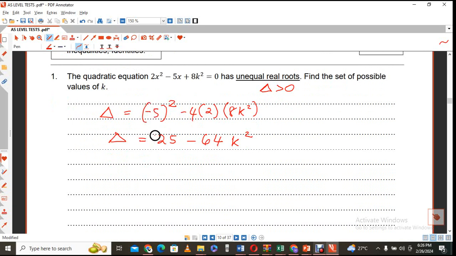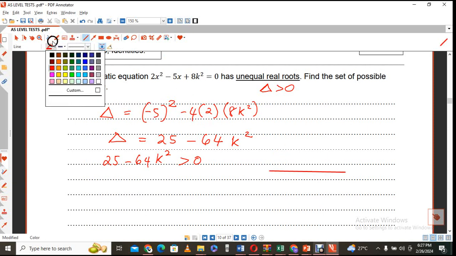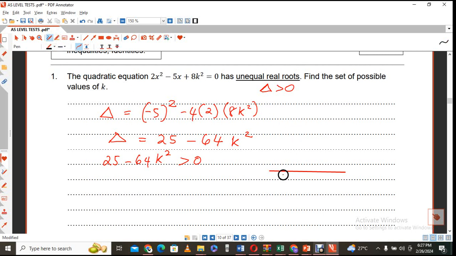So the inequality would basically be 25 minus 64k squared greater than 0. If you were to think of this in terms of a sketch, this would be a sketch where the parabola will have a maximum value, because of this negative here.